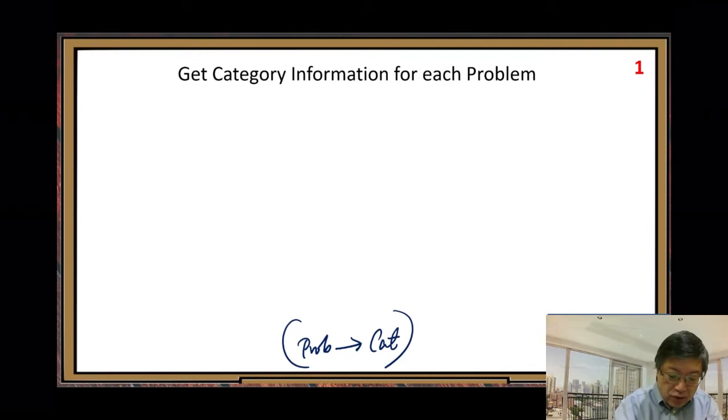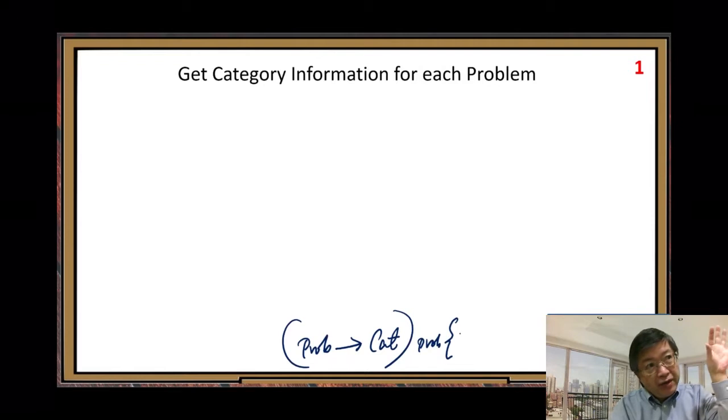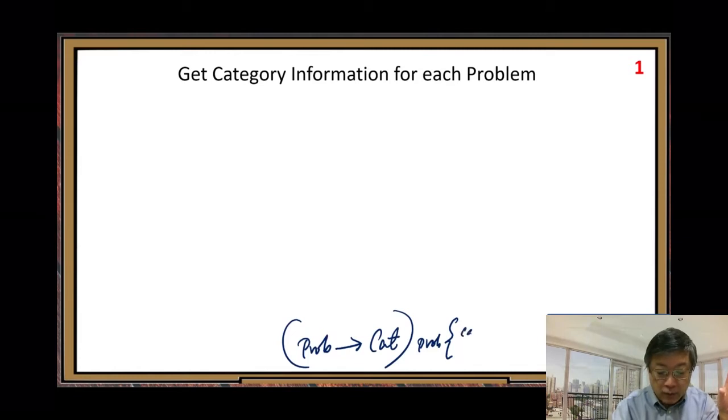Each problem, given a problem, you have two cases. You can think of some category ID associated with it. Cat ID associated with it.